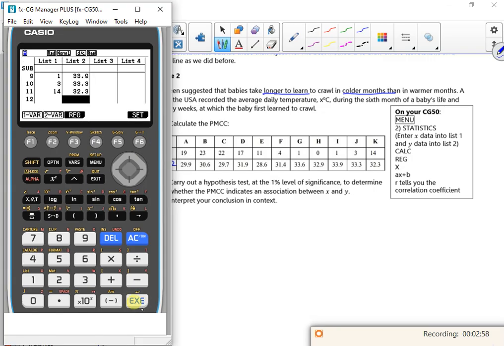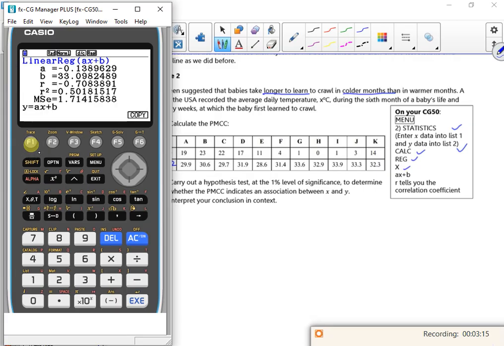Right then, so it says here, enter the X data into list 1, enter the Y data into list 2. Calculate, and then F3 for regression, F1, and then F1. There. And it gives us an r value. So we know that the r value is minus 0.7084.